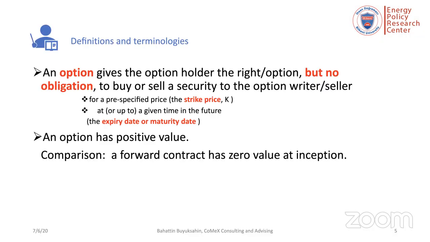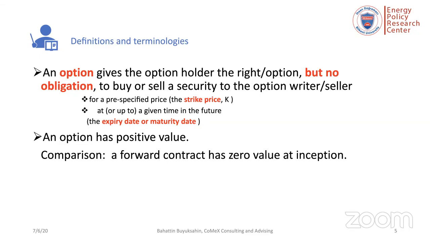An option gives the option holder the right, or option, but no obligation, as opposed to a futures contract. It gives the right to buy or sell a security to an option writer for a pre-specified price, which we call the strike price, at or up to a given time in the future.